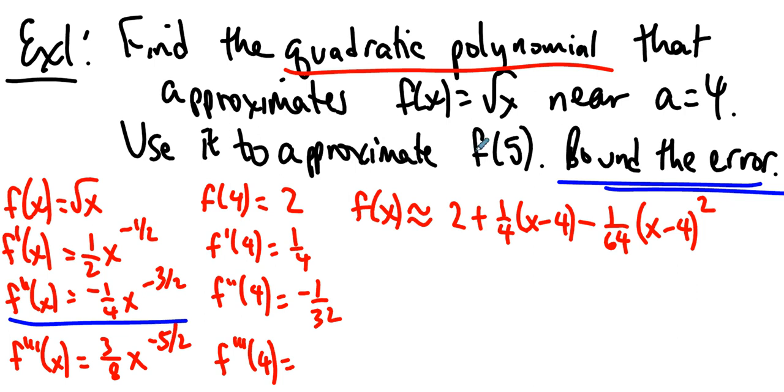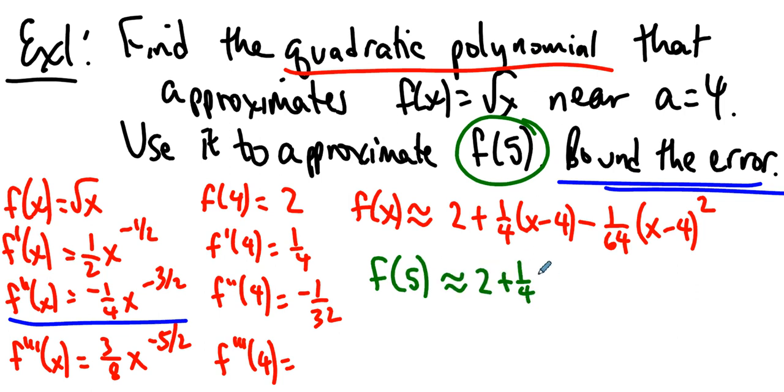So when we try to approximate f of 5, f of 5 is approximately 2 plus a quarter of 1 minus 1/64 of 1 squared, right? 5 minus 4, 5 minus 4. This is approximately 2.23438.